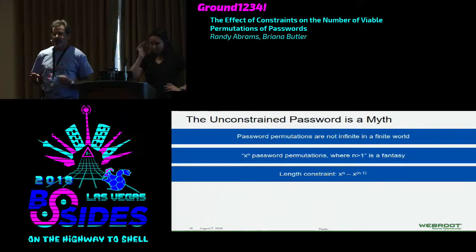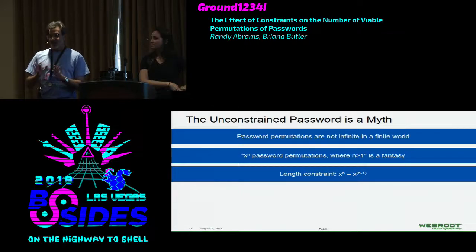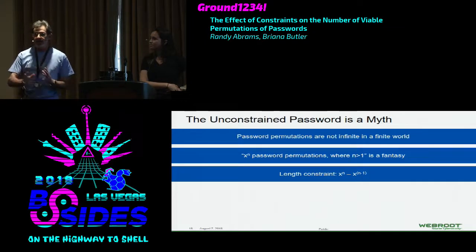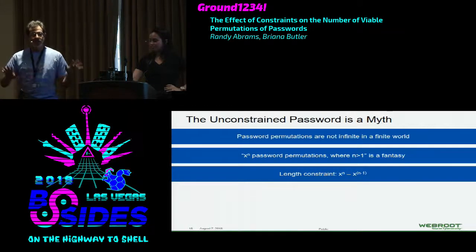The length constraint: if I say that you can only use 8 characters, or if I say you have to use at least 8 characters, then from that 95 to the 8th, 95 to the 7th, permutations of characters are not possible. They're impossible. Go ahead and brute force them. You're spinning your wheels.